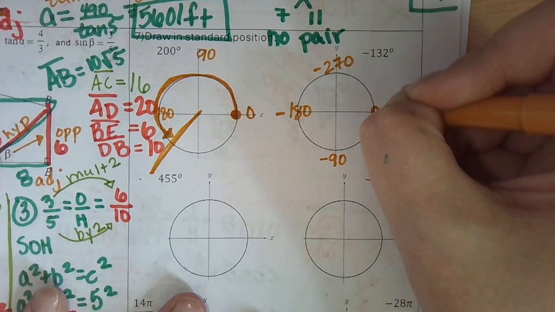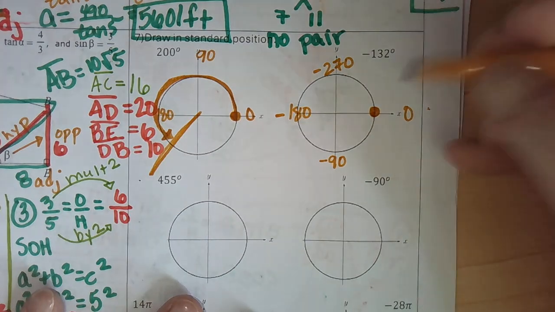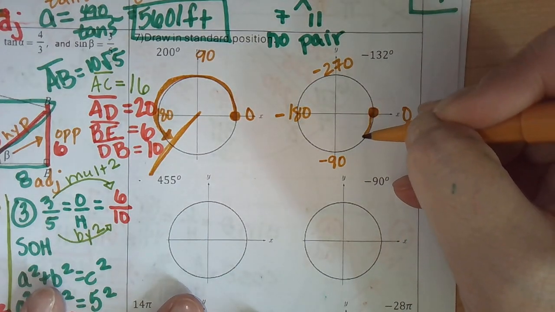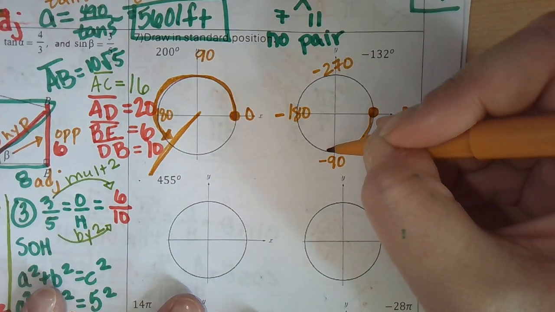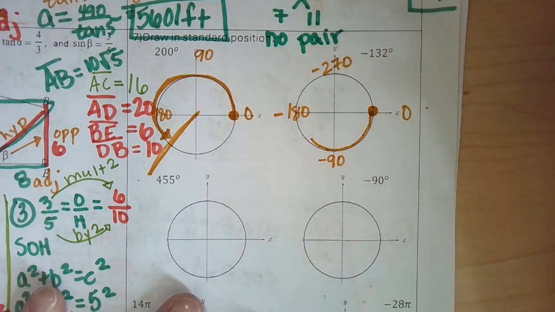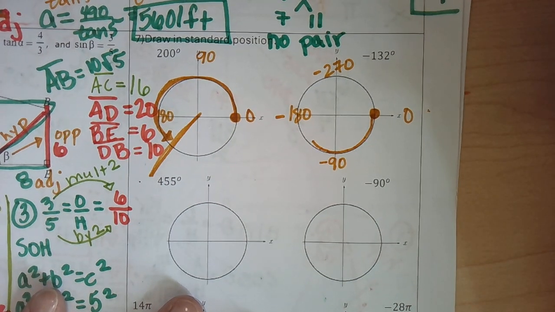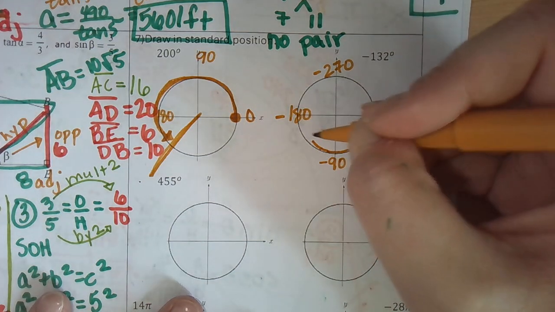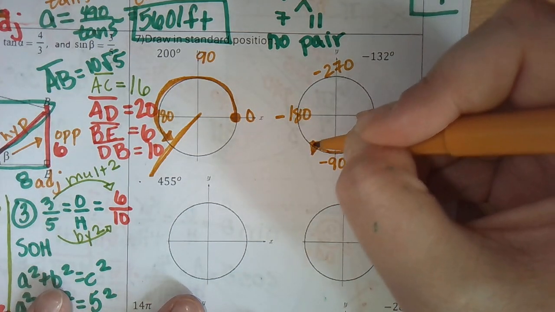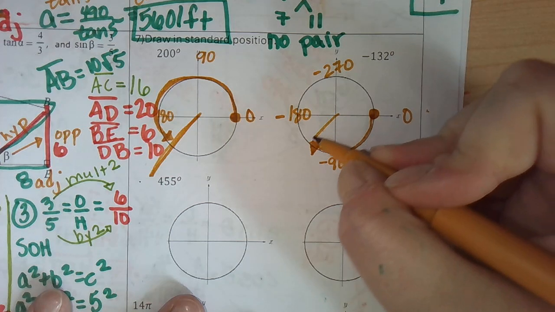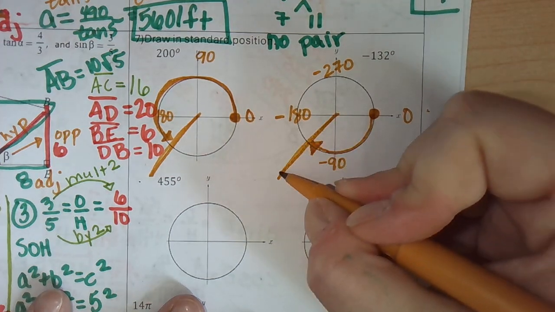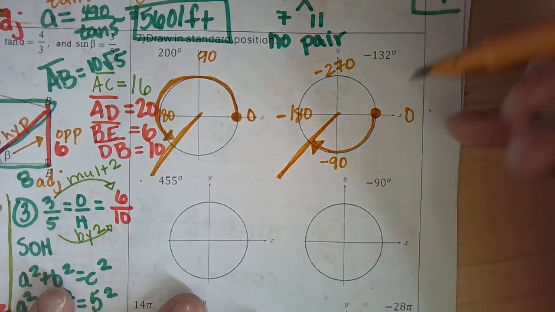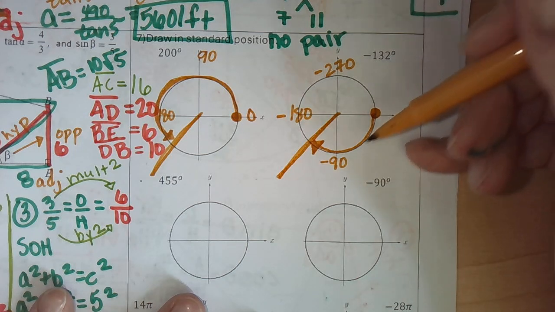Okay, so let's figure out where negative 132 is. We start at that 0 and we go around, we go past negative 90 and sure, it's somewhere around here, I think. Doesn't have to be perfect. Hey, there you go. We drew negative 132. It goes down and around.